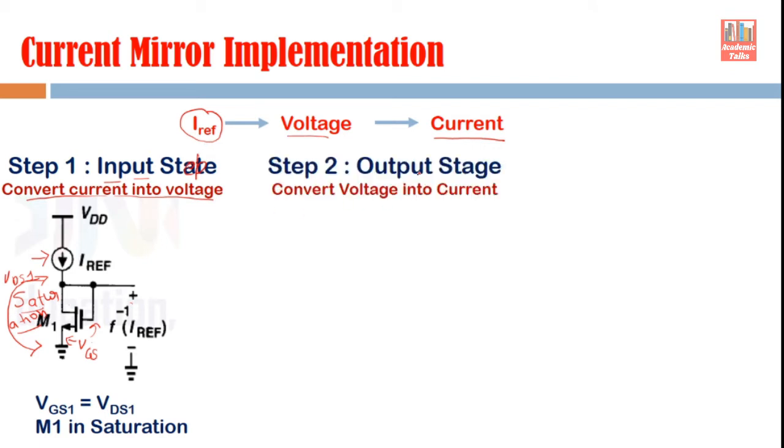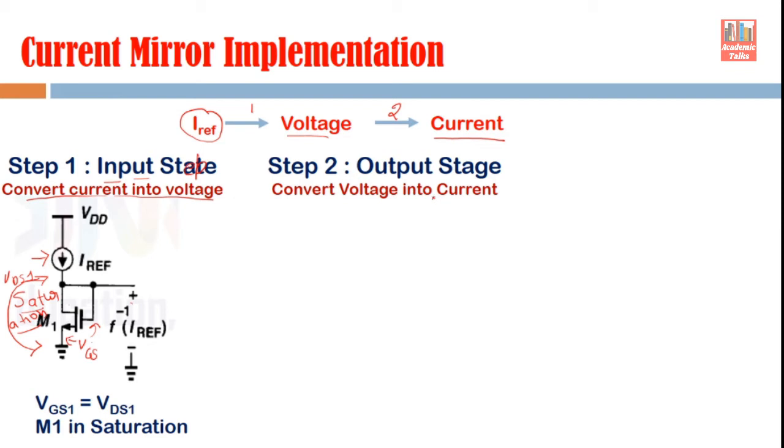Now the second stage, you can call it the output stage, that is your second step. So in this step, this is your second step and this was your first step. This voltage which you have got at the input of this transistor will be converted into current. For that purpose, it's very simple.